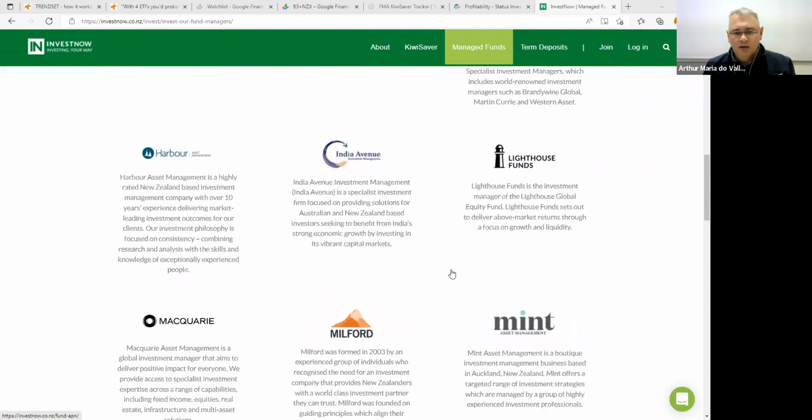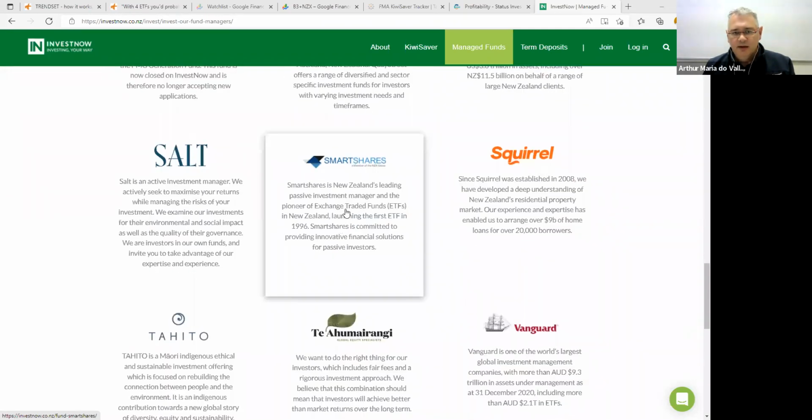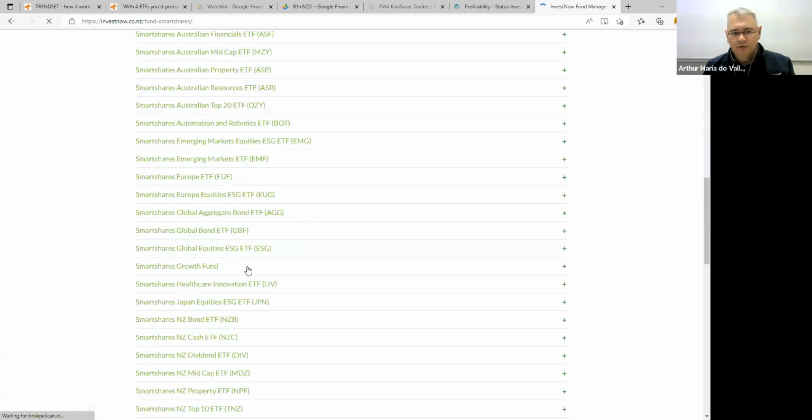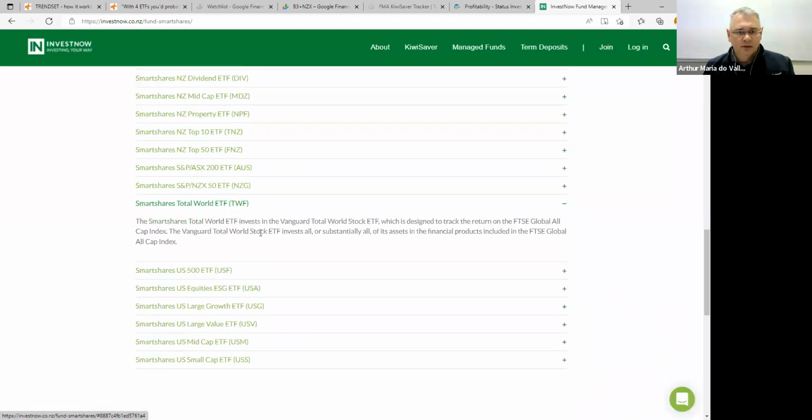So what I'm buying is from these Smartshares, and they have like 37 funds, ETFs, sorry. Remember I showed you the total world one? It charges you 0.40% per year, and it buys the entire market, like 9,000 companies.